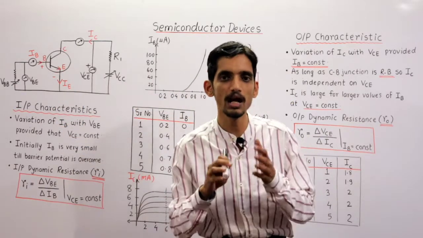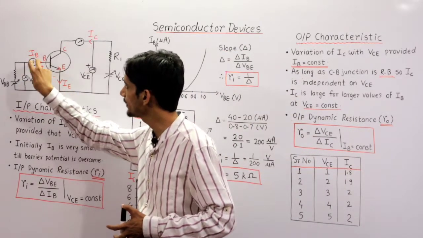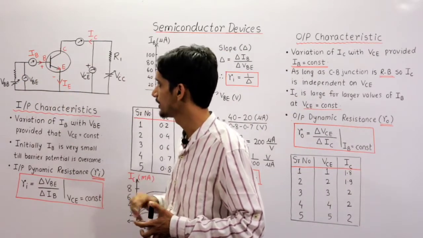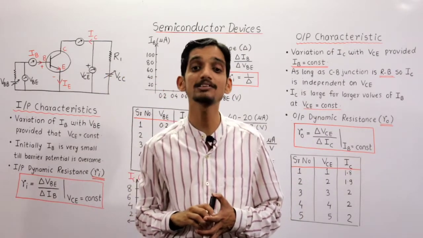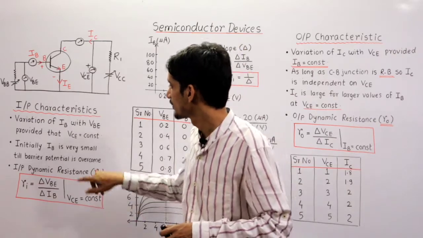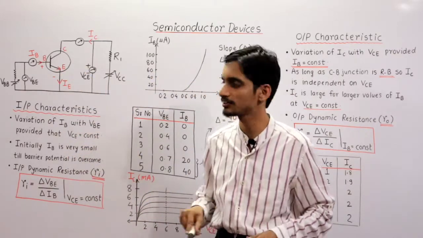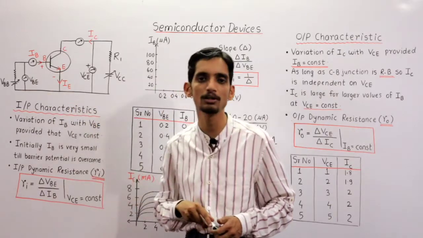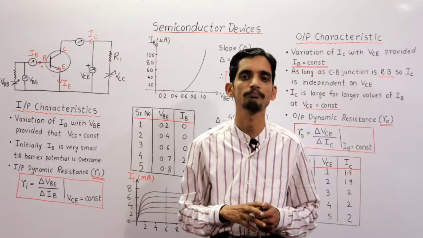So the graph of input voltage and input current is called the input characteristics, meaning it consists of the variation of base current with variation in base to emitter voltage. This is called the input characteristics.